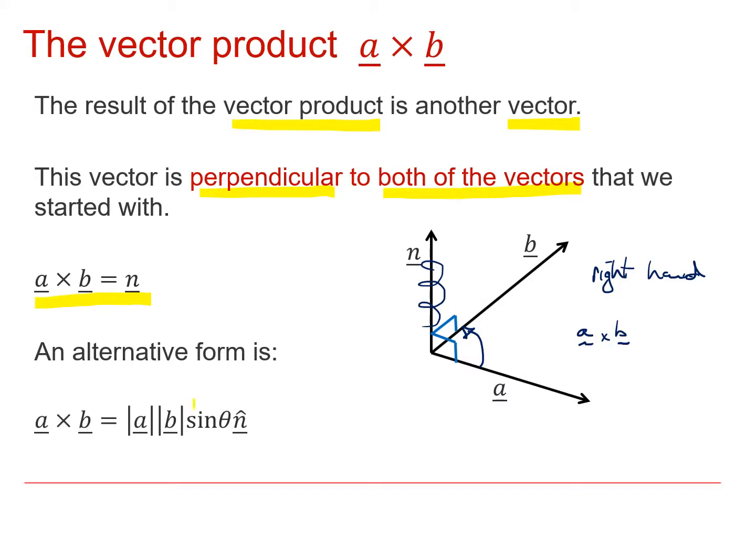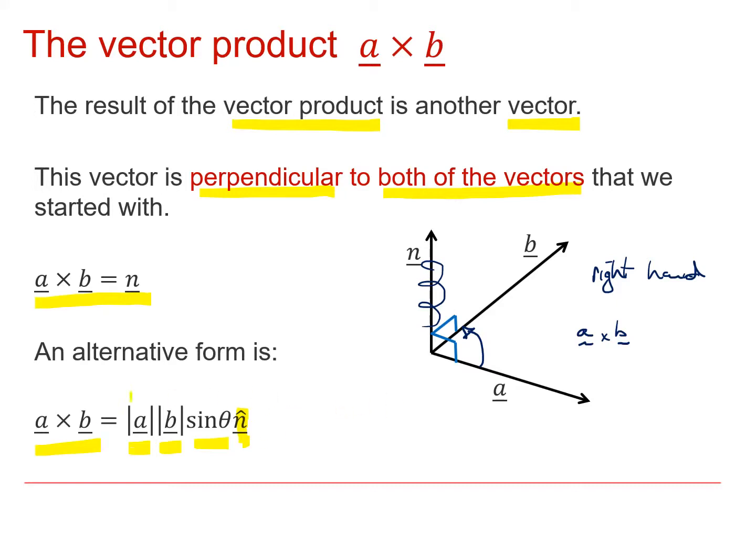There's an alternative form for A cross B, and it's down here. A cross B can also be written as mod A mod B times the sine of the angle between them, times a unit vector which is perpendicular to both A and B, and we use this hat notation here to indicate a unit vector in the direction of n.